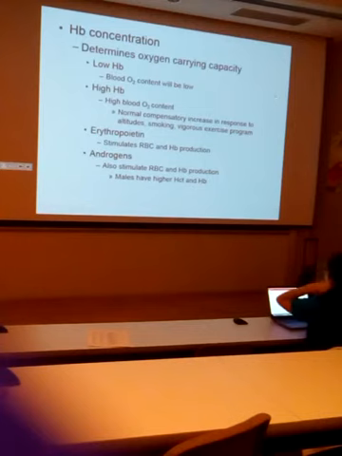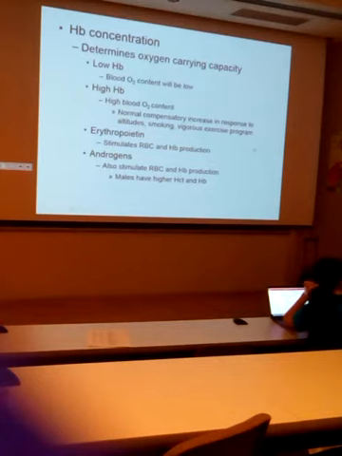And this we spoke about, that normal compensatory increases in hemoglobin occur in response to high altitudes, smoking, vigorous exercise, anything that causes hypoxia. And we spoke about that when we spoke about erythropoietin production and erythropoiesis in general. And erythropoietin, as you remember, hopefully stimulates red blood cell and hemoglobin production.